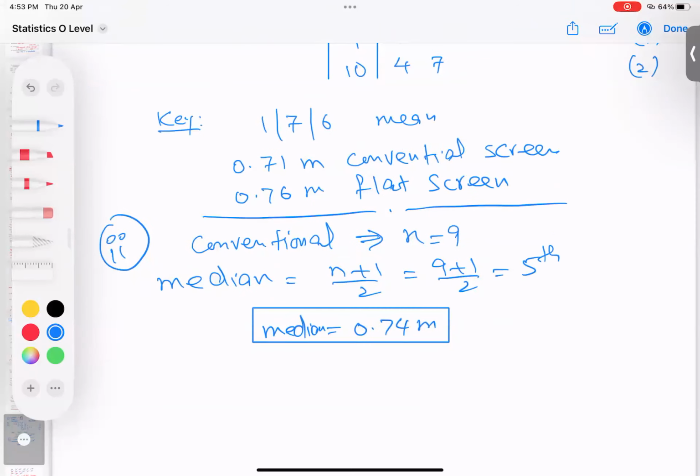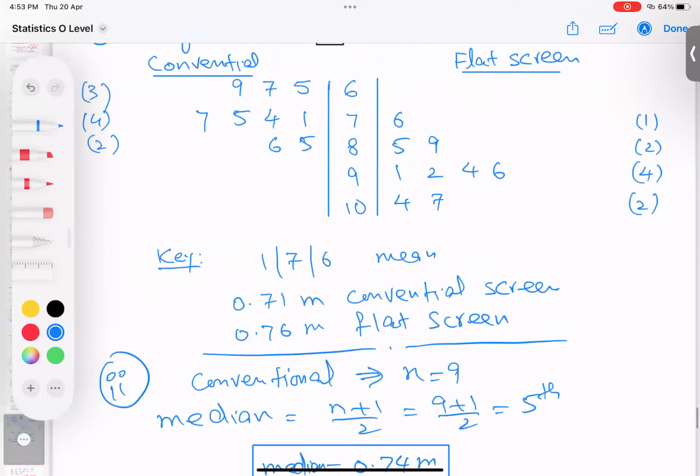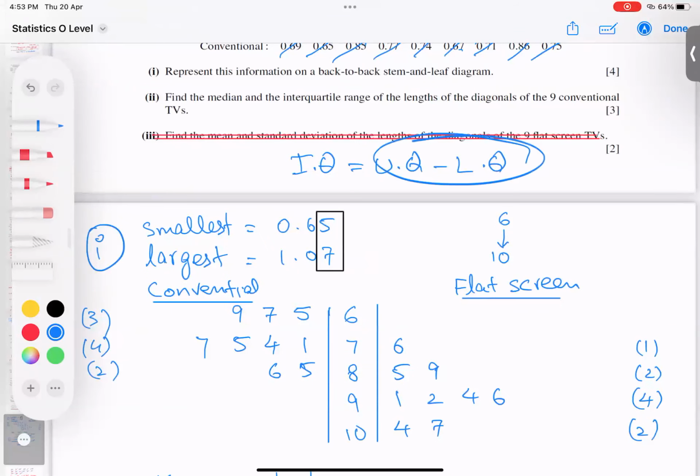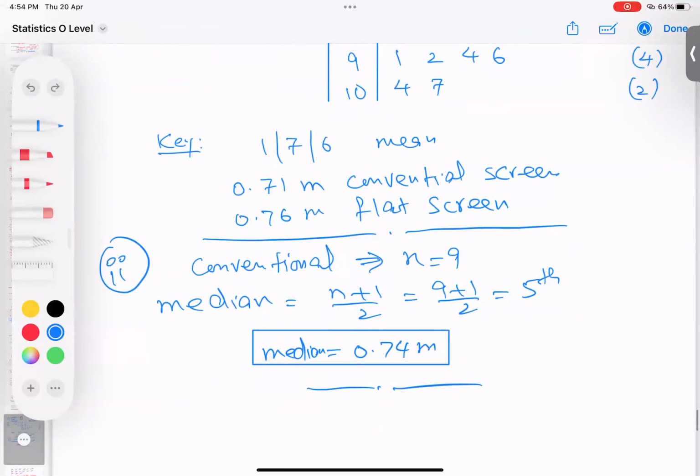I need the upper and lower quartile to find the interquartile range. So let's go for the upper quartile. The upper quartile formula, students, you know it very well: 3 times N plus 1 divided by 4.